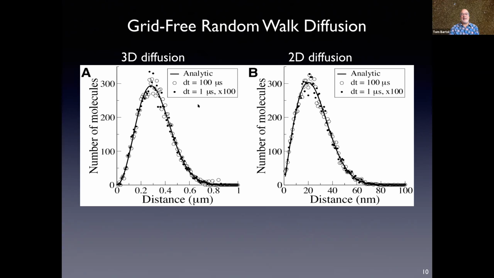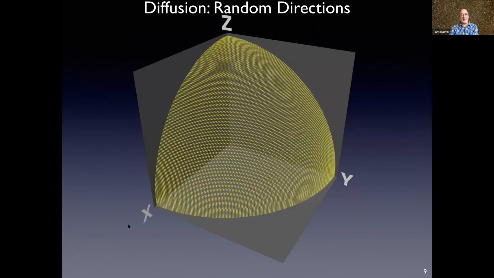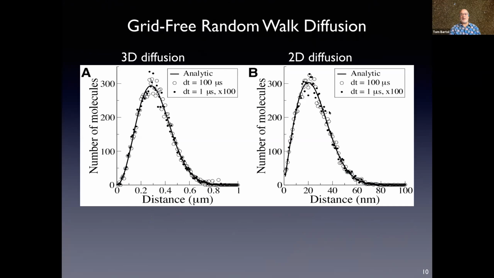The benefit of this is illustrated here. We're showing in 3D, and on the left in 2 dimensions, the solutions to the analytic diffusion equation. This curve is for 3D, and you can see for 2D the shape of the curve is slightly different. The black line is the analytic solution to the diffusion equation.